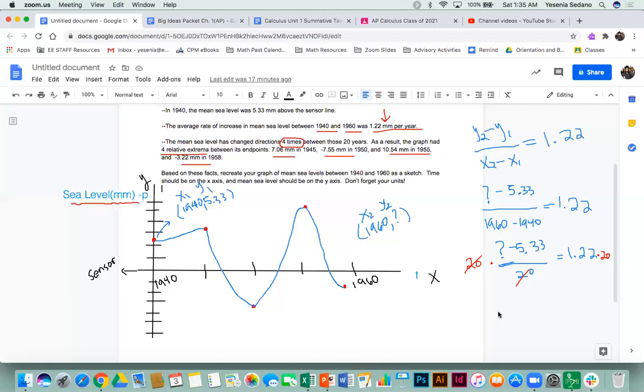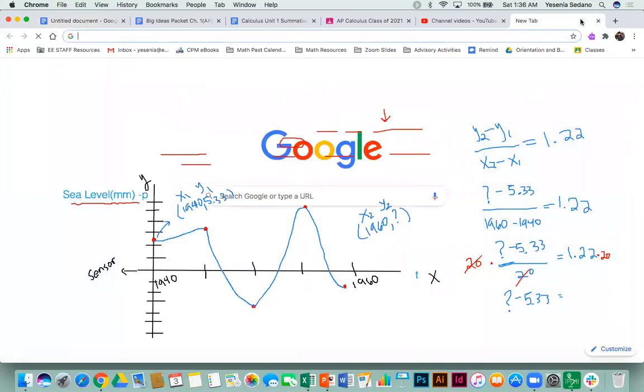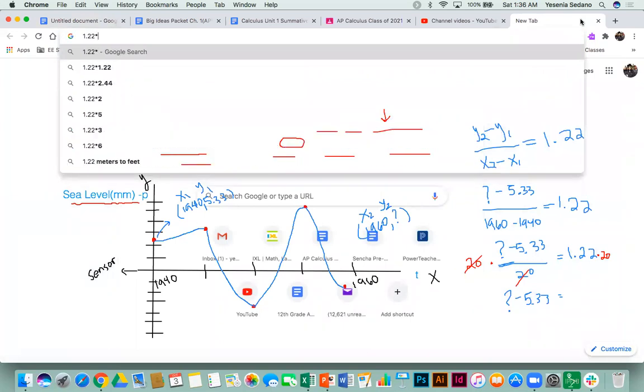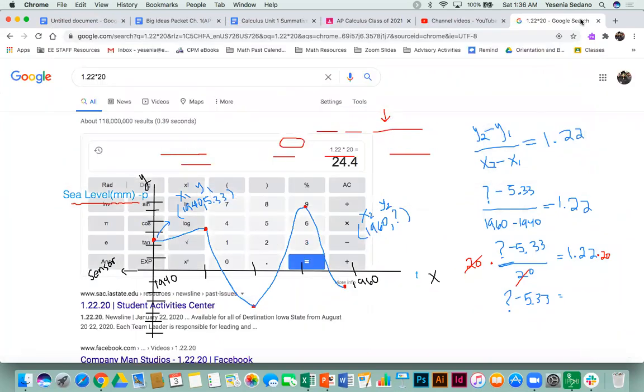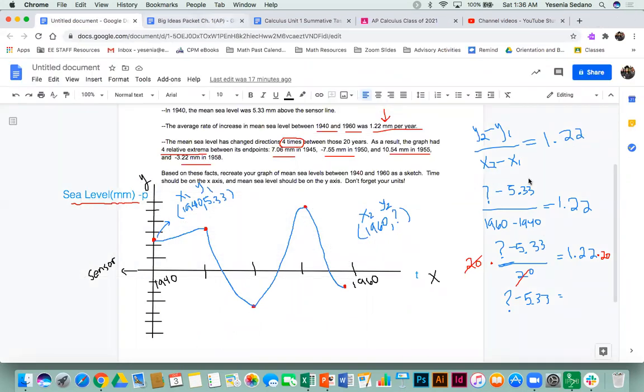So we have question mark minus 5.33 equals, and I'm going to use the calculator, 1.22 times 20. It's going to give me 24.4. Cool. Now to solve for question mark, we're going to add 5.33 to both sides.